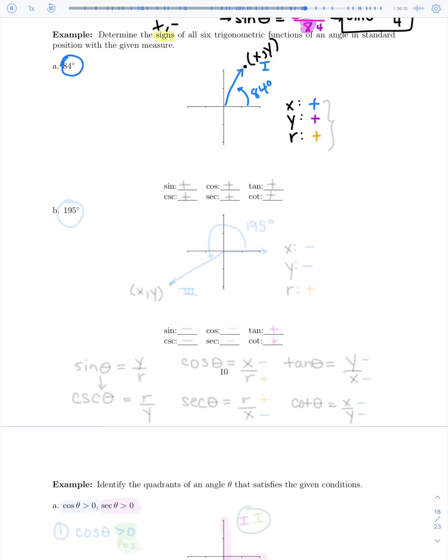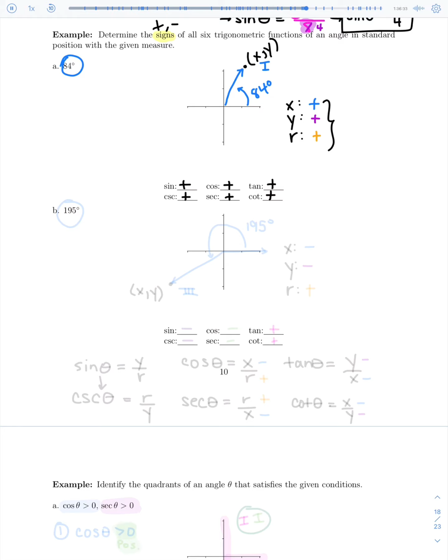So what does that mean about all 6 of my trig functions? It means no matter what, if we are dividing any pair of numbers and they're all positive, which they all are, we'll still end up with a positive. So it means that all 6 trig functions are going to have to be positive because all we have are positive numbers. So that one was pretty nice and straightforward.